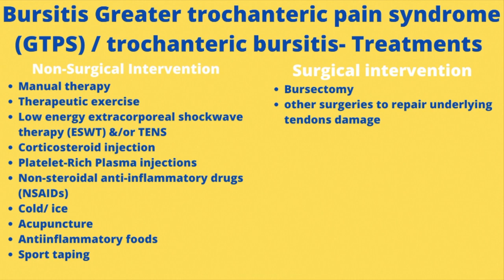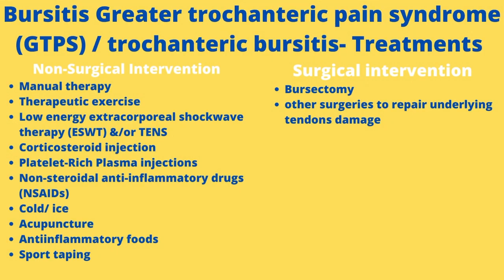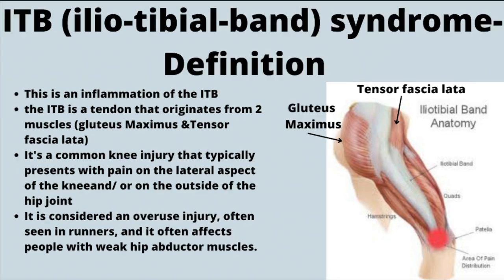As a surgical intervention, we have a bursectomy, which is basically the removal of the bursa, and some other surgery to repair the underlying tendon damage. And to finish off, I also included IT band syndrome. Now, IT band syndrome typically refers to pain on the lateral side of the knee. Nevertheless, it can also cause hip pain, and therefore I've included it in this area here.